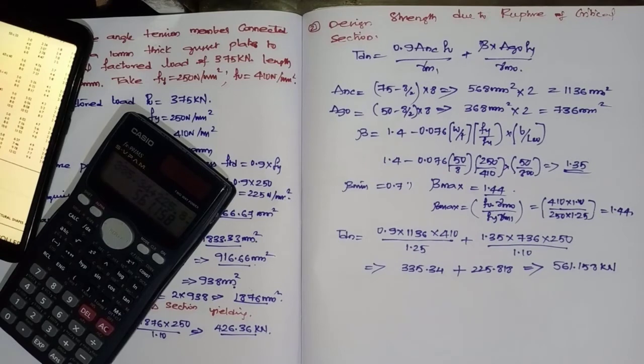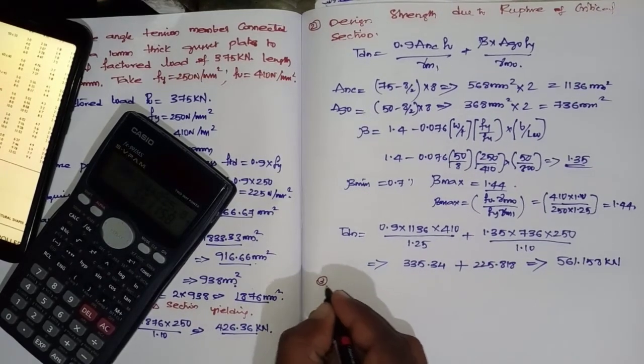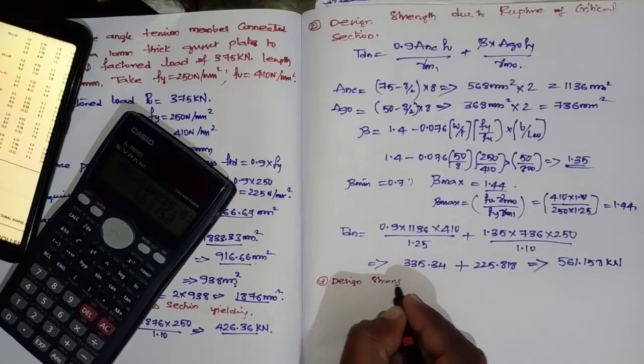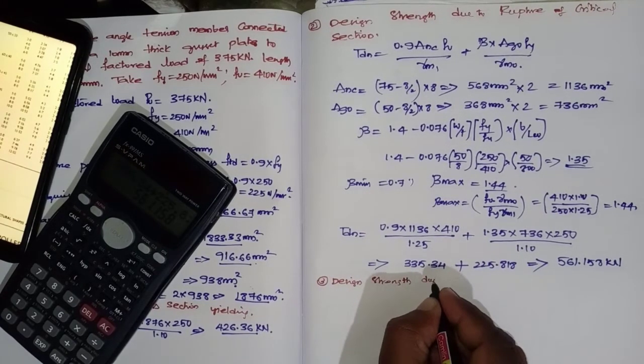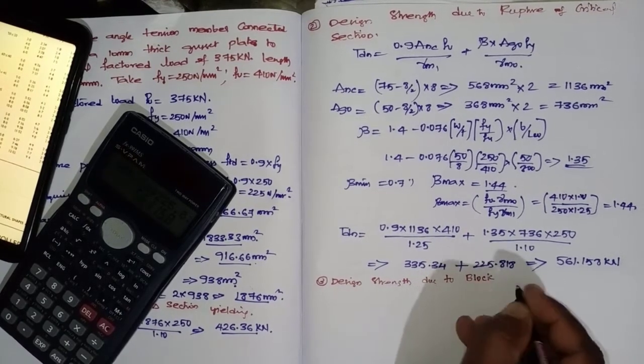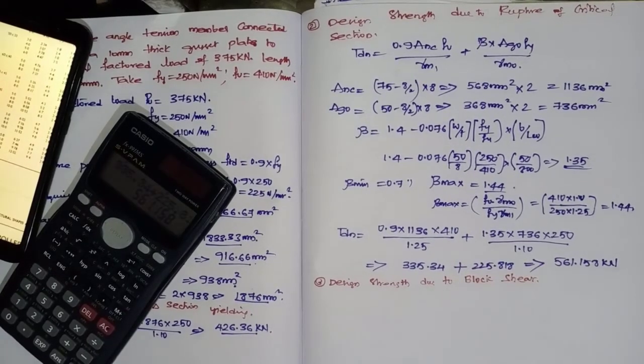Next, design strength due to block shear. Design strength due to block shear. For that, what were the formulas?